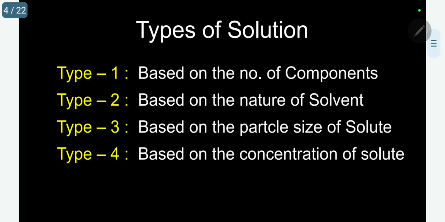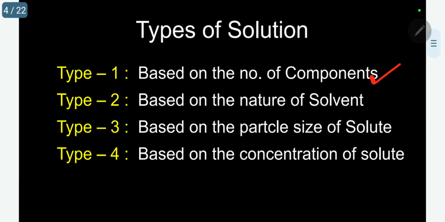As I have already told you, type 1 is based on the number of components, that is, the solute and solvent. Solute will be lower in concentration, solvent will be higher in concentration. Another important thing: the solvent will be only one, the solute may be any number.